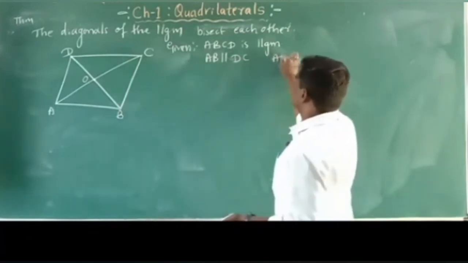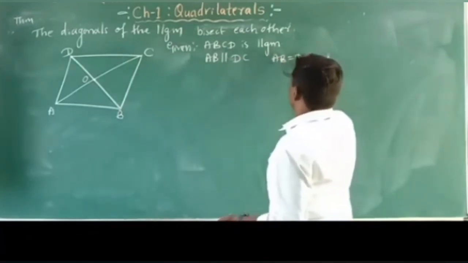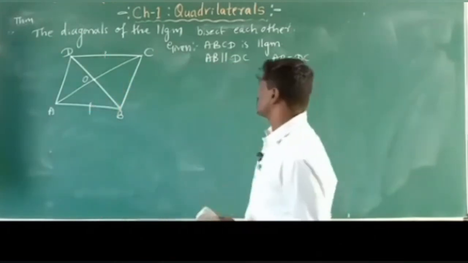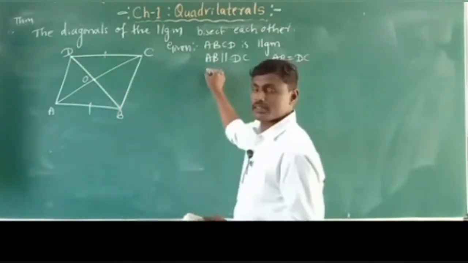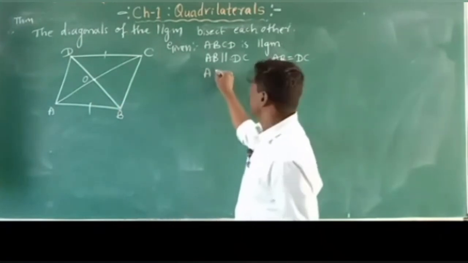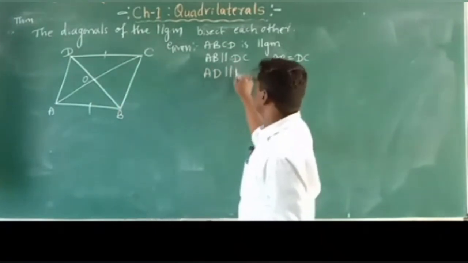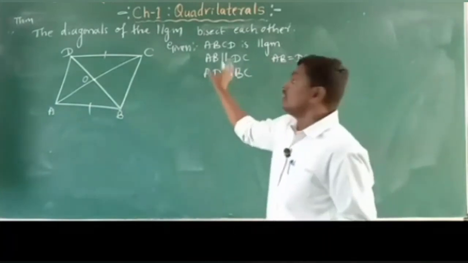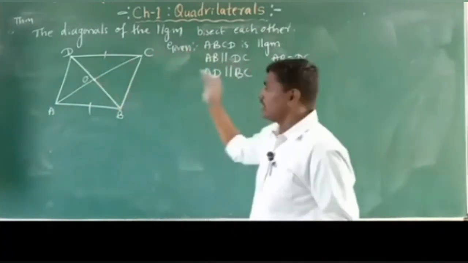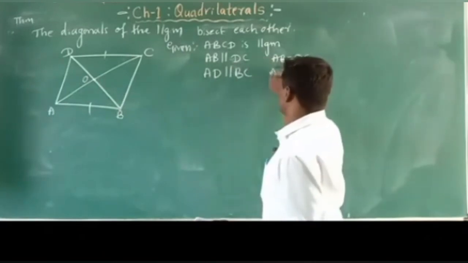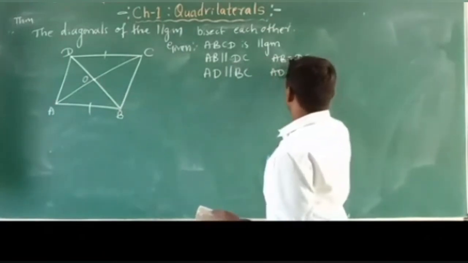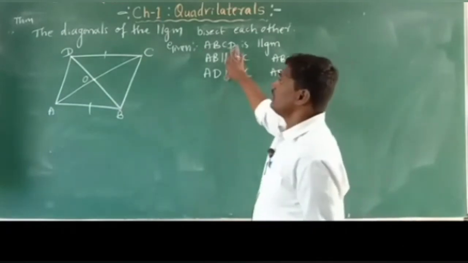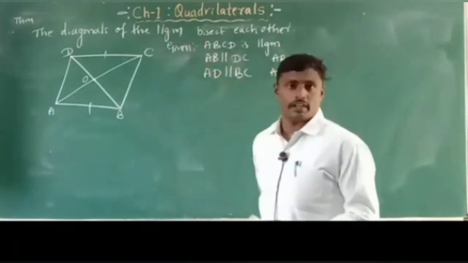So AB is parallel to DC. AB is equal to DC. One more pair is there, that is AD parallel to BC. If these two are parallel sides of the parallelogram, then they have the same length. So AD is equal to BC. So this is the given part of the statement.